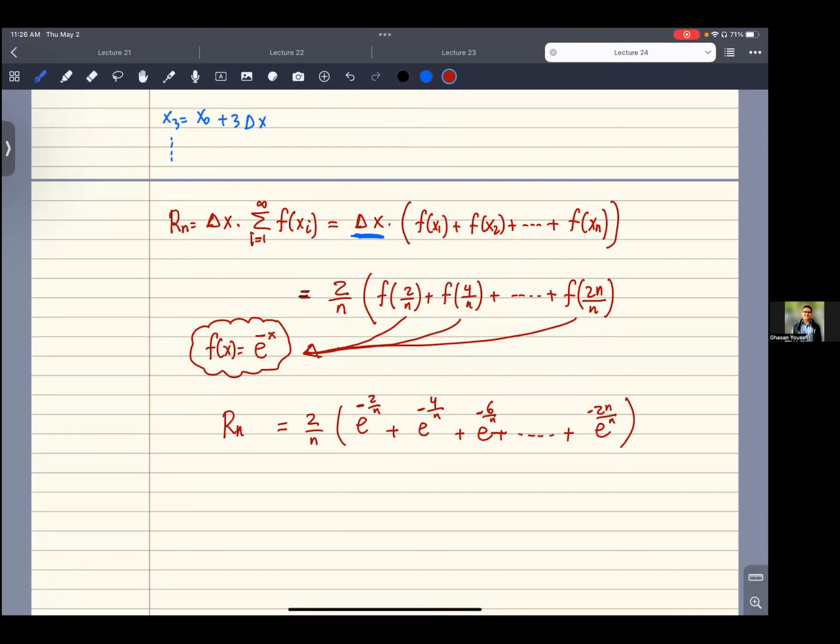Now I need to find the area. What is the area? It is the limit as n goes to infinity of 2 over n times the sum of e to the minus 2 over n plus e to the minus 4 over n plus e to the minus 6 over n plus dot dot dot plus e to the minus 2n over n.